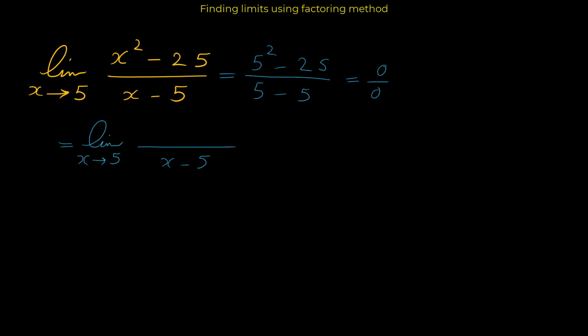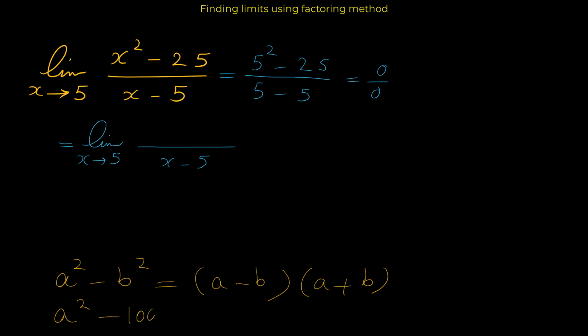If you remember, we have this identity, the difference of squares identity. A to the 2 minus b to the 2 is a minus b times a plus b. For example, if you have something like, say, a to the 2 minus 100, we can write this as a minus 10 times a plus 10.